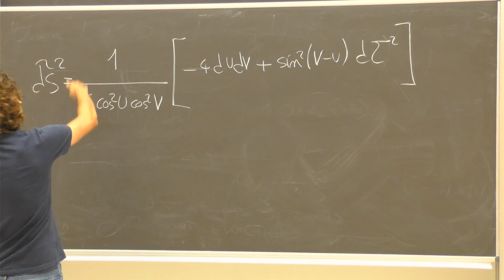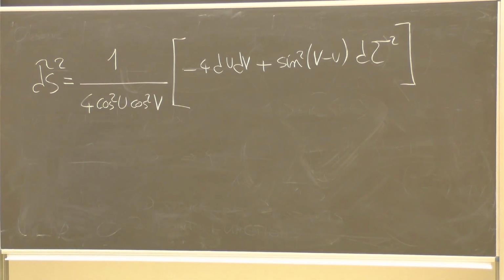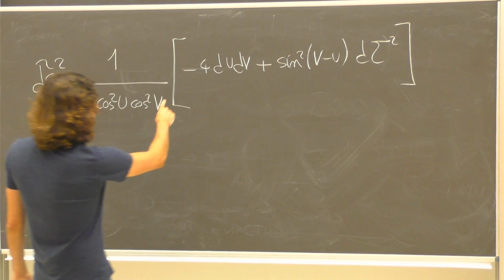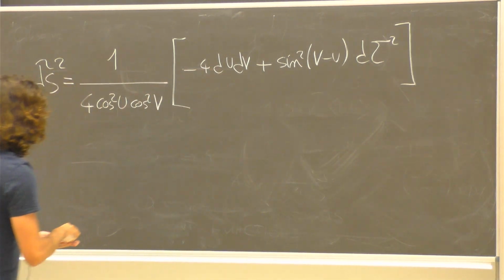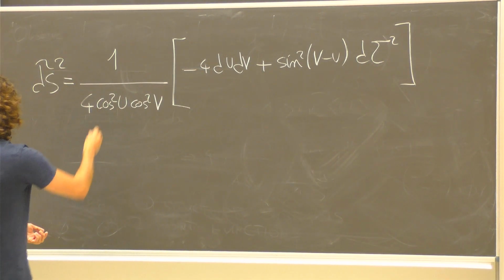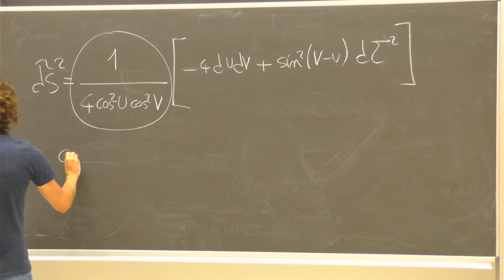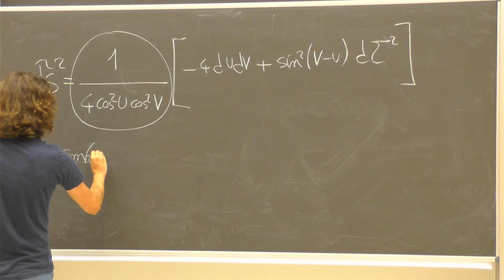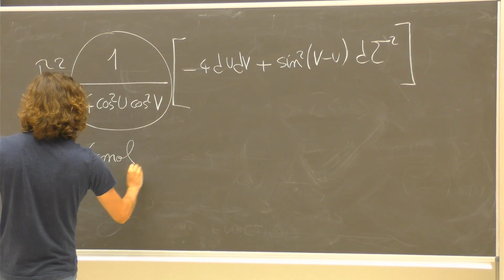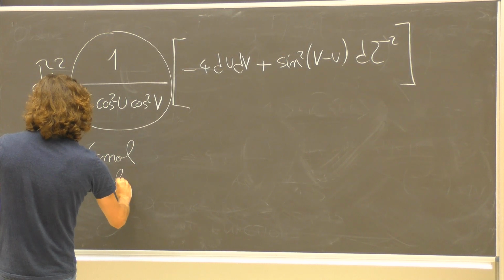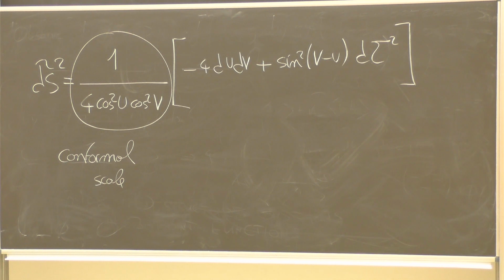So these guys will blow up in these situations, but this one will not. So what we see is that up to this scale, the overall scale in front, which I and many people are calling the conformal scale, well, up to this scale, Minkowski space, the metric is finite.